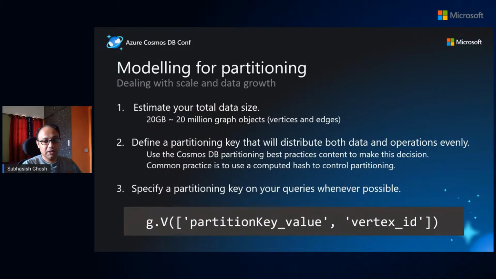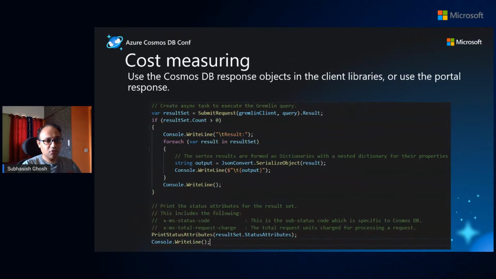And then another very important consideration was cost measuring. For this, we used a combination of client libraries, as I mentioned, but there are certain practices and patterns which you should be aware of. For example, g.V is not a very good query pattern because it's equivalent to an RDBMS table scan.